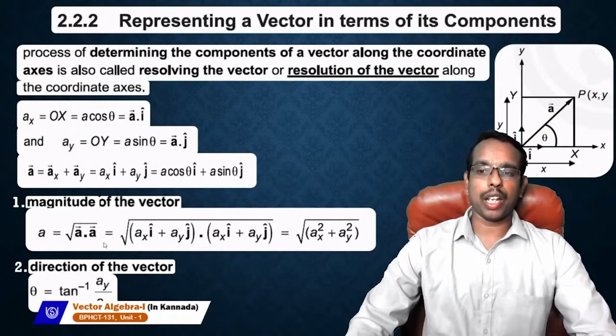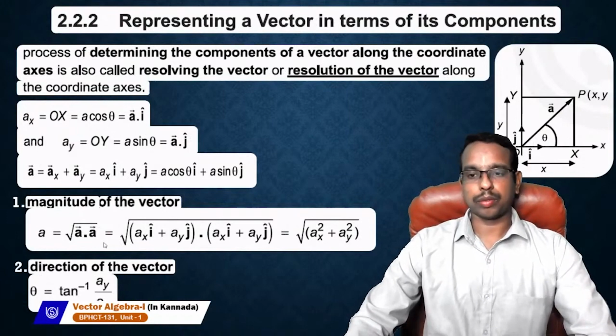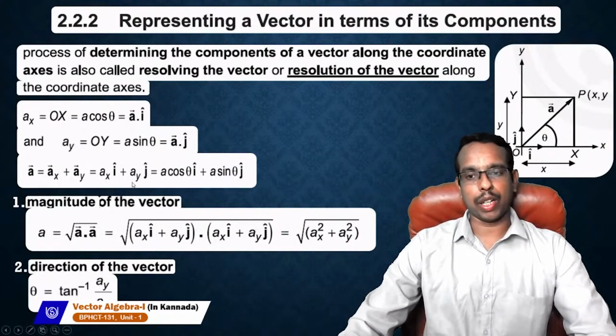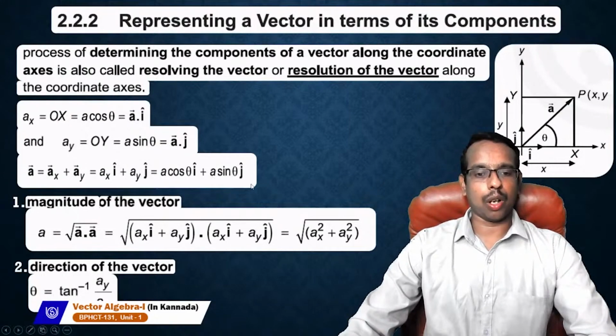So finally you get a is equal to ax plus ay, that is equal to ax i cap plus ay j cap. I and j are the unit vectors along x and y. Just replace ax with a cos theta i cap, and ay with a sin theta j cap. So this is the resolution, or the component form, of a vector using the Cartesian coordinate system.